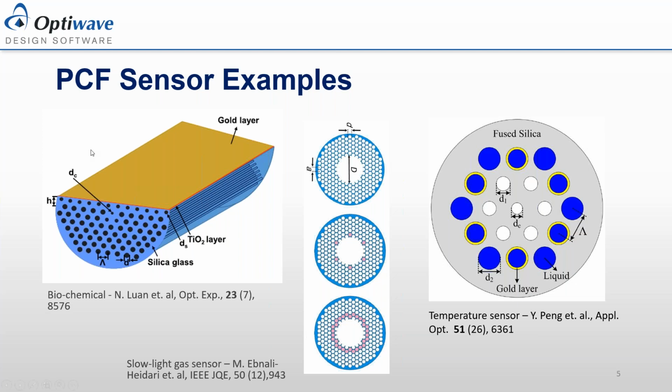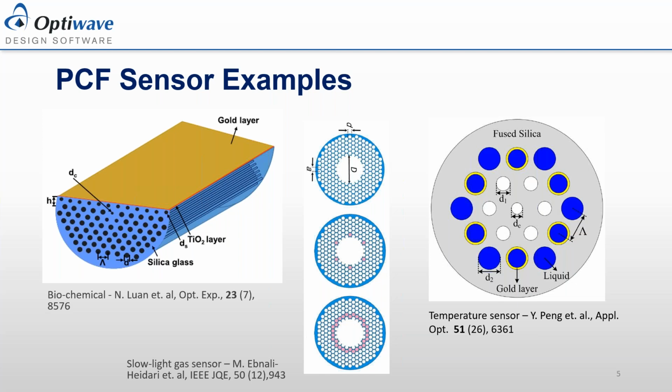In the first design, the one here on the left, we have a photonic crystal fiber with a narrow, very small core air hole, and that's been lapped down in order to give a flat surface in which we deposit gold.